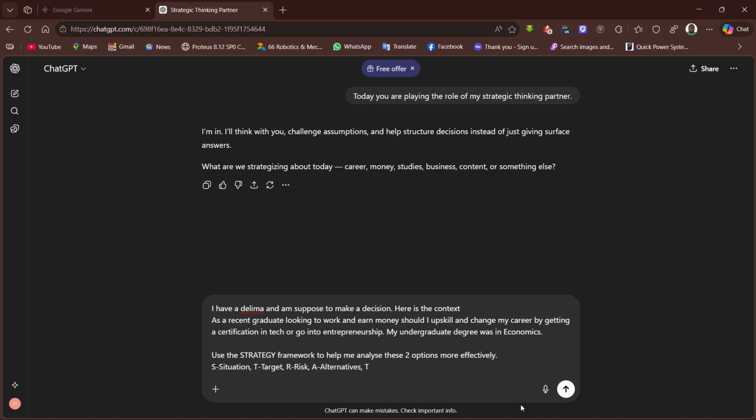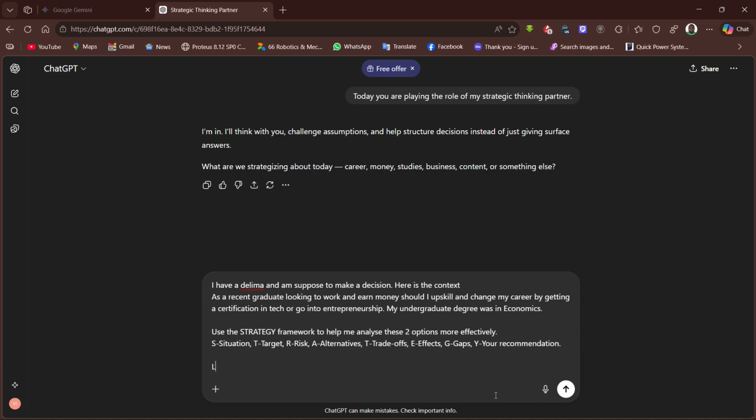We have again another T, and this T is for trade-offs. And then we have the letter E in our framework model, and the E is for effects. G is for gaps, and then Y is your recommendation.